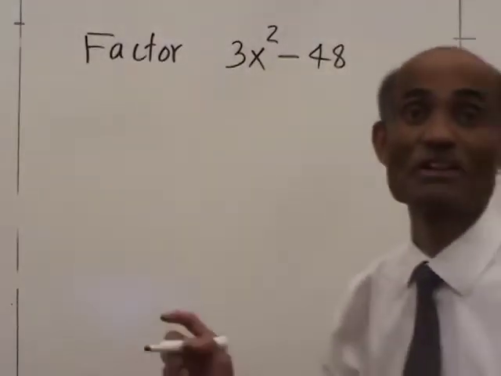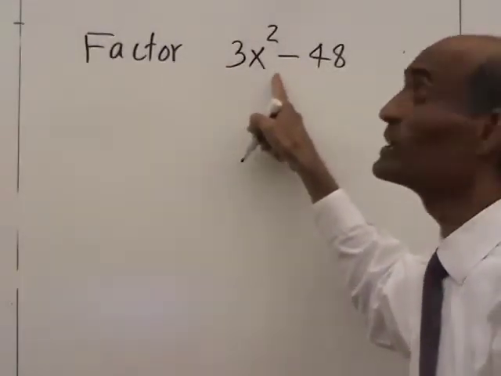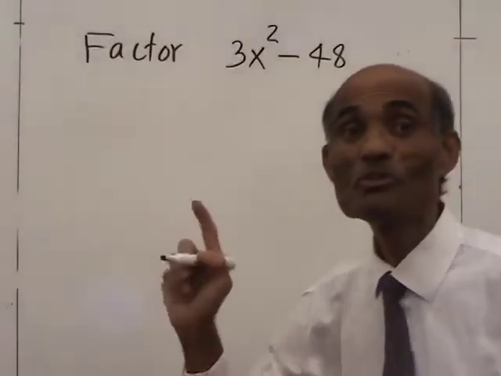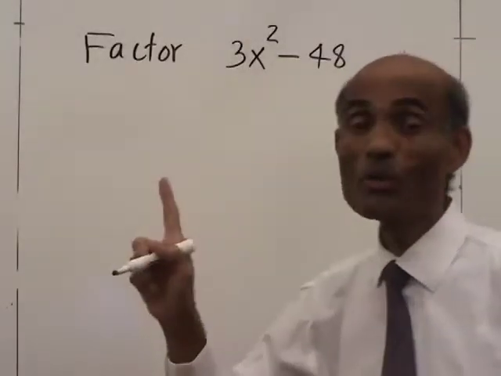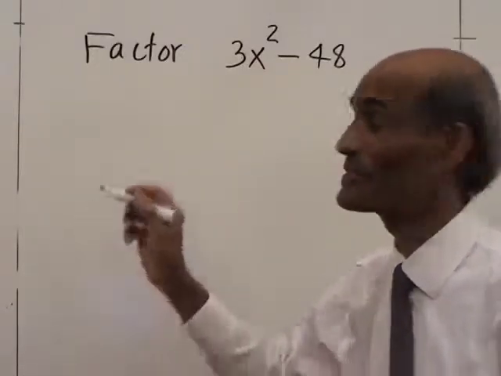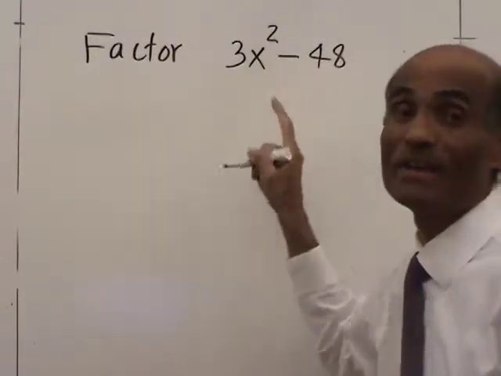Let me see if you recognize this. Factor 3x squared minus 48. Well, what will you do first here? Always golden rule in factoring, look for common factors. 3, 48, what is the common there?